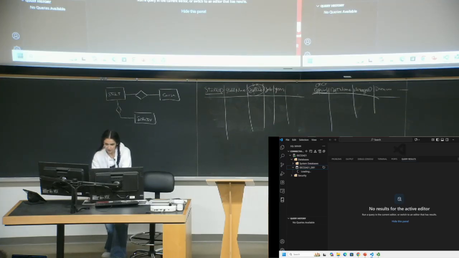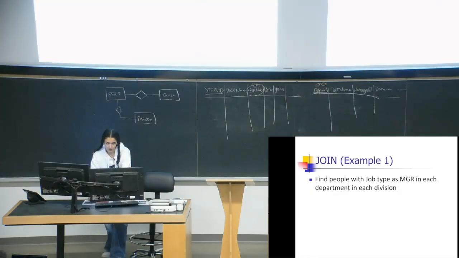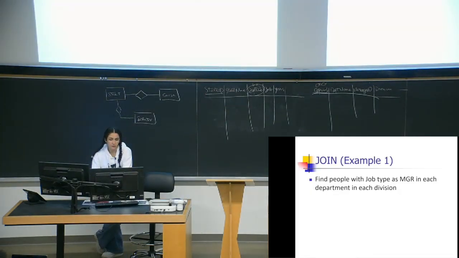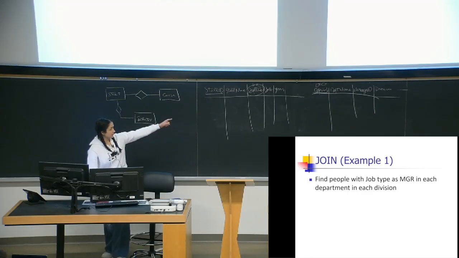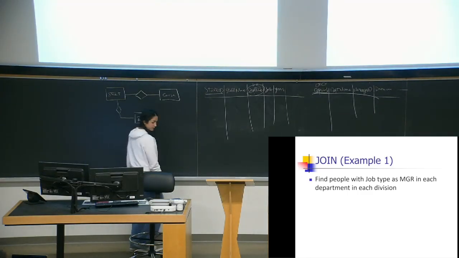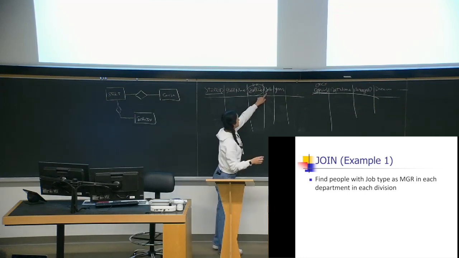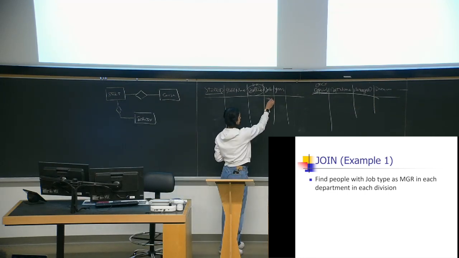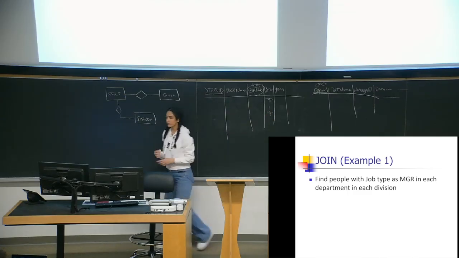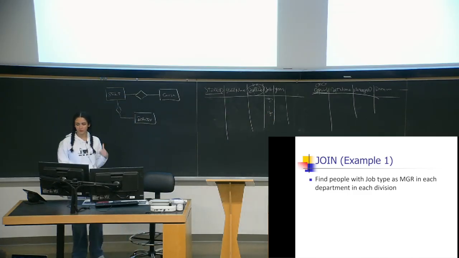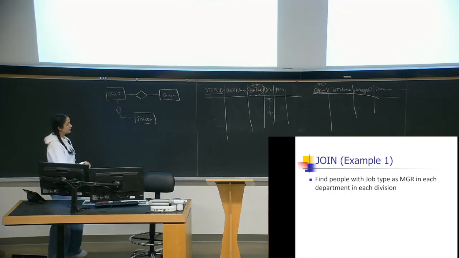So until it is loaded, the question was finding employees with job type as manager, right? And these are your tables. So where can you find job type manager? In the staff table, right? Because this is the job type. For example, you can see some employees are managers. So we want to find people with job type as manager in each department and each division.